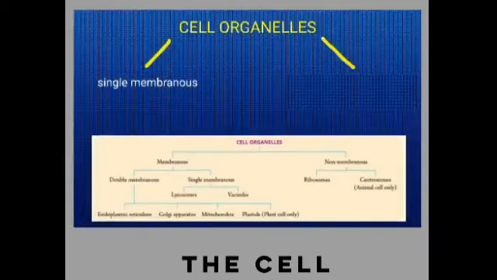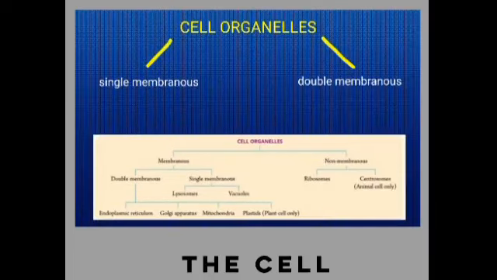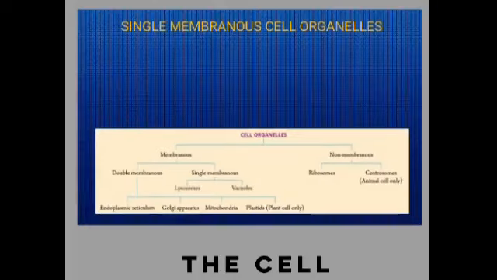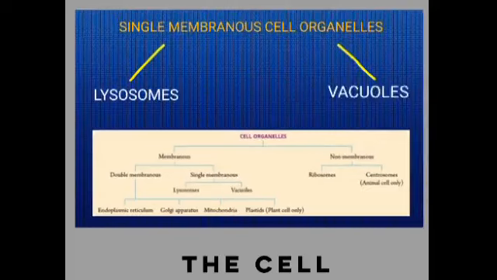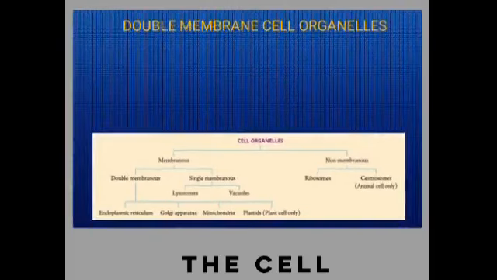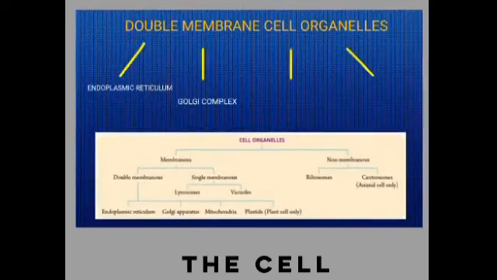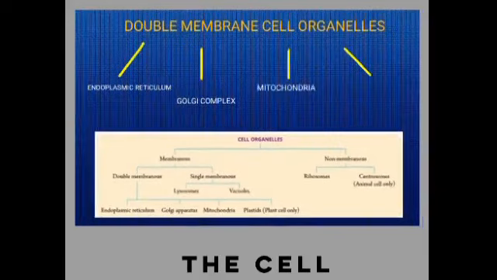Based on the number of membranes, the membranous cell organelles are divided into two types: single membranous and double membrane cell organelles. The single membrane cell organelles are lysosomes and vacuoles. Double membrane cell organelles are like endoplasmic reticulum, Golgi complex, mitochondria and plastids.